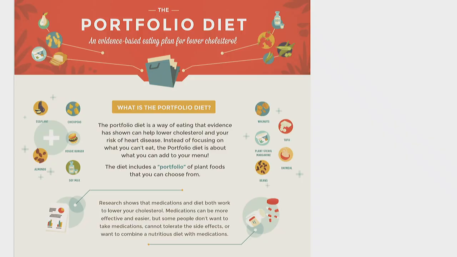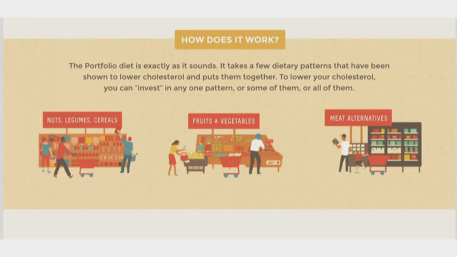This diet was developed here at the University of Toronto in the Nutritional Science Department by Dr. David Jenkins. From the name portfolio, Dr. Jenkins collected different dietary patterns or types of food groups known to reduce blood cholesterol.